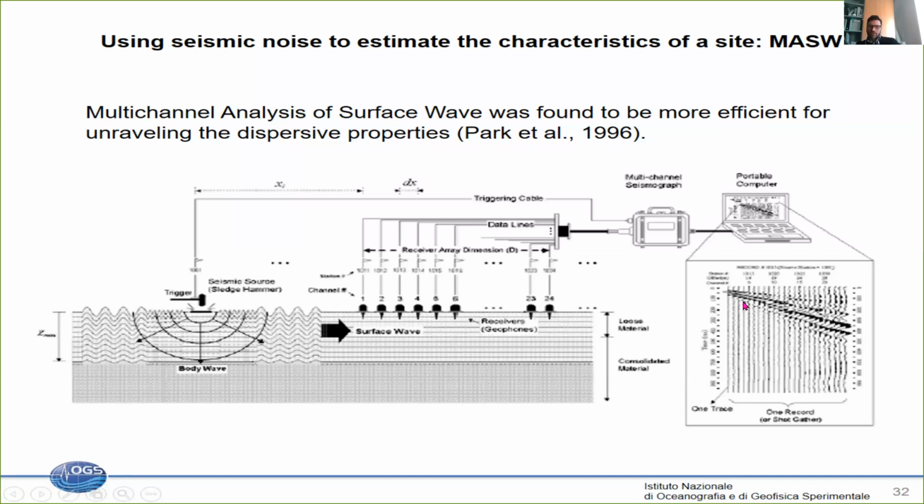What you can observe quite clearly is that you will have different arrivals with different amplitude and frequency as a function of time, and you can immediately identify here in this part the surface waves, where they have also a clear dispersive behavior.